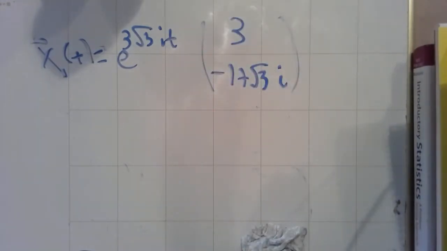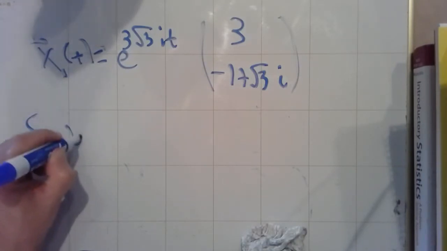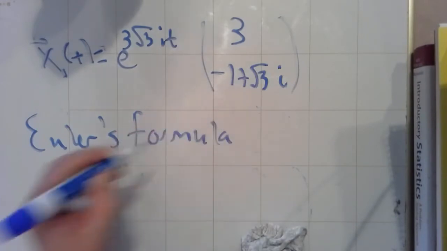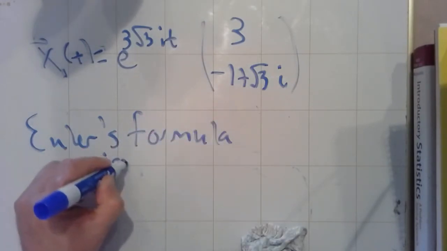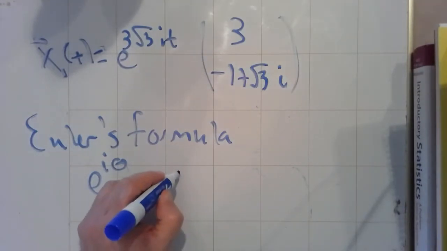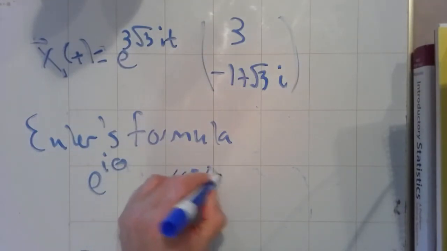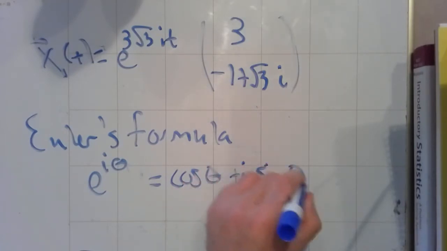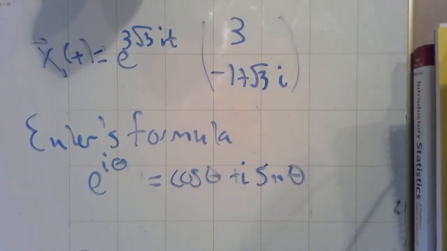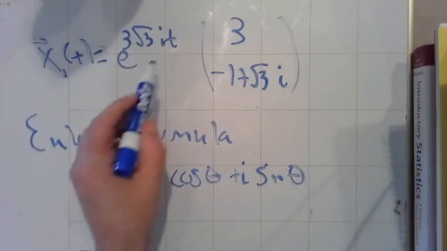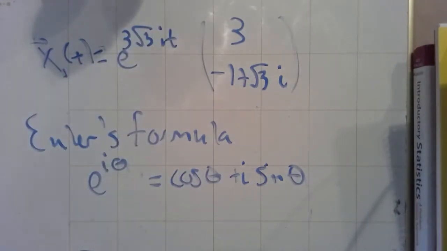Now we're going to use Euler's formula. You may remember this, Euler's formula says e to the i theta can be rewritten as cosine of whatever is after the i plus i sine of whatever is after the i. We're going to use that to rewrite this in terms of sines and cosines.